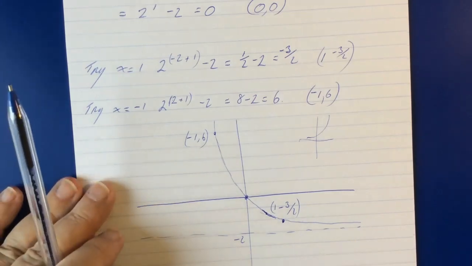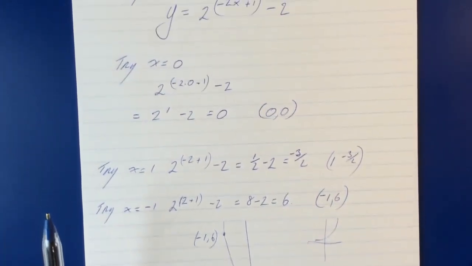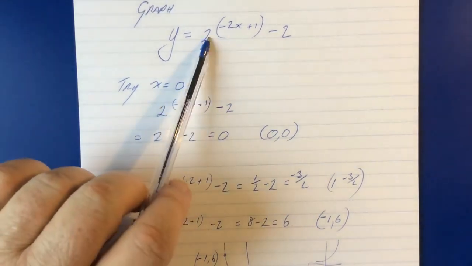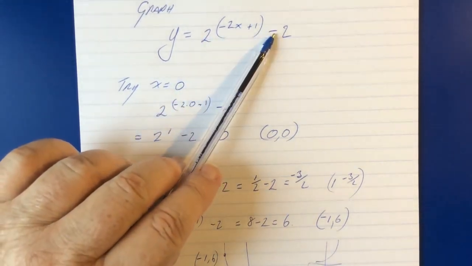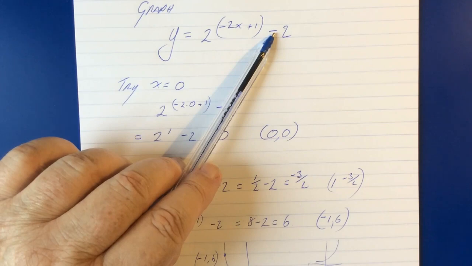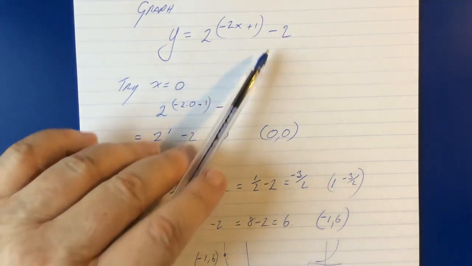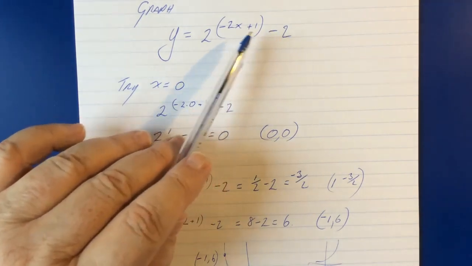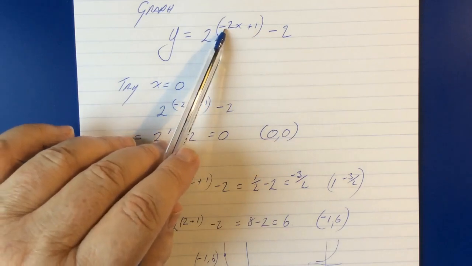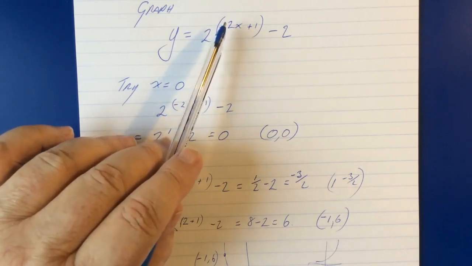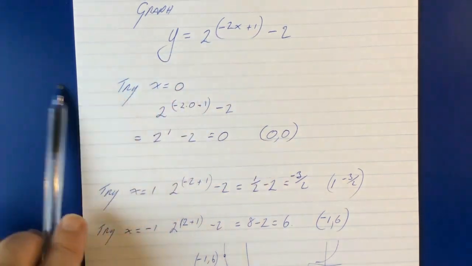So what lessons can we draw from the way that this function is constructed and how it's graphed? Well, there's the obvious one about the asymptote. More interesting is this.